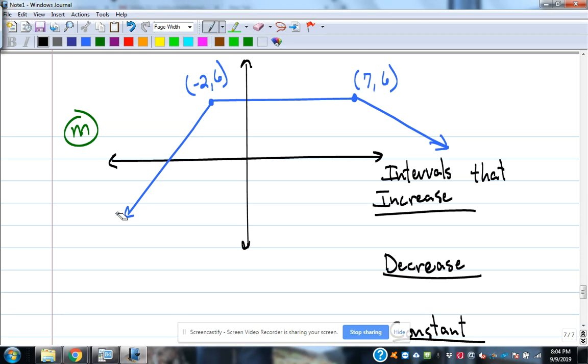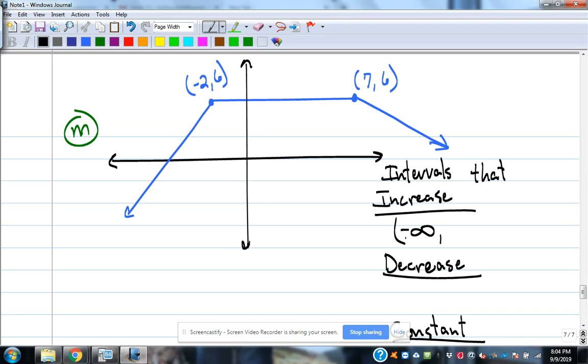So when we look at this graph, and we start over here on the left and we're reading across, what is this first interval doing as we read it left to right? Is it going up and to the right or down and to the right? As we move to the right, we're moving up, right? So that's an increasing interval. What x values would that eventually get to? -infinity.